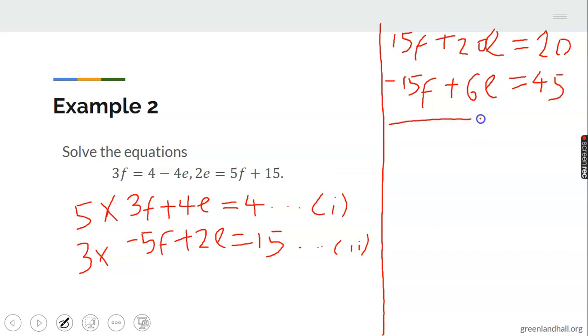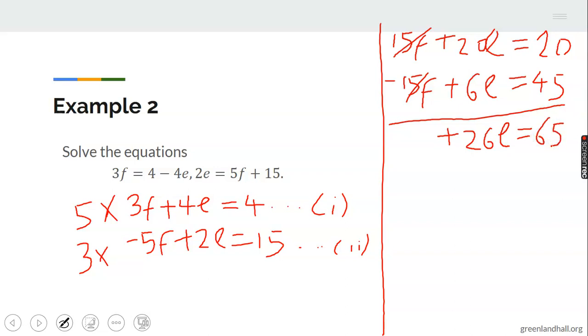So I can add this and this will give you 0, because when you add that will give you 0. Then 20e plus 6e will give you plus 26e equals 20 plus 45, that will give you 65.